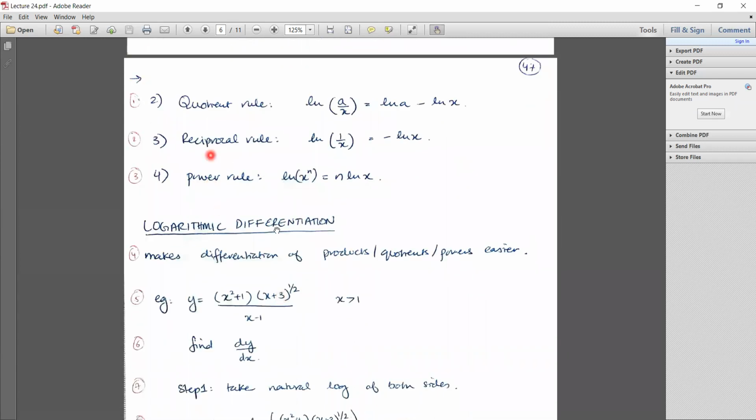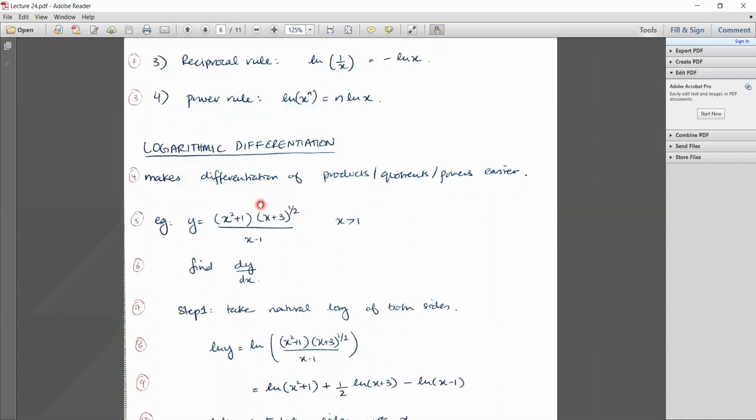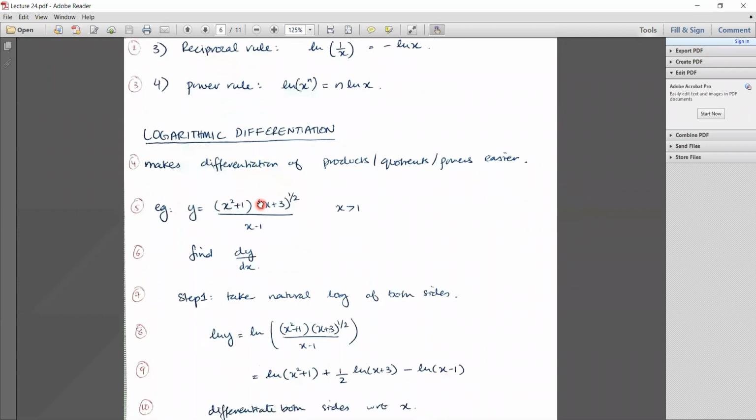The benefit of all of these properties of the natural log is that they make differentiation of products, quotients, and powers easier. So if I have this function, which is a product and then a quotient, and we also have a power going on here, and I want you to find dy by dx, then obviously you can use the quotient rule here, but it will be lengthy because there are a lot of terms.